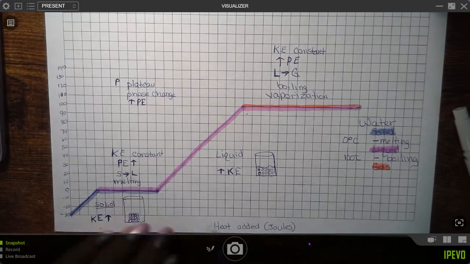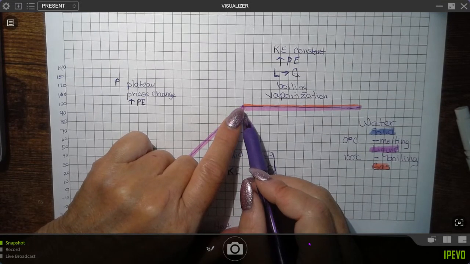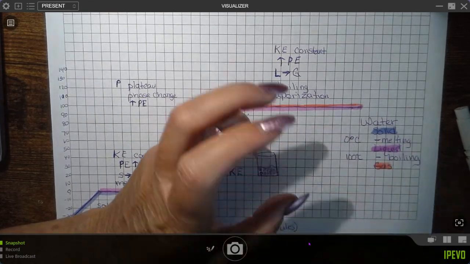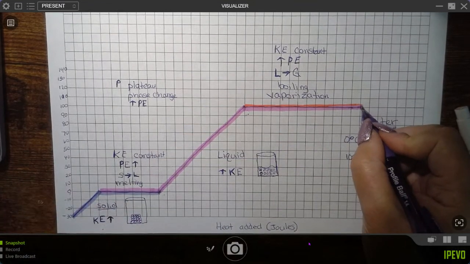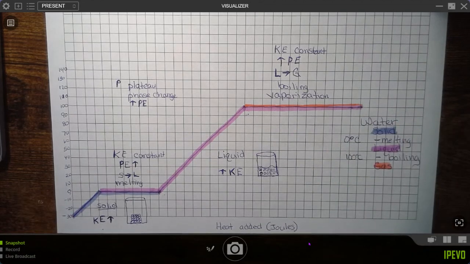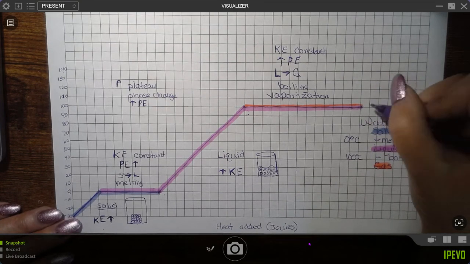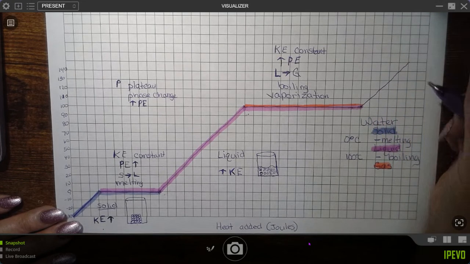Now, as we're going along this plateau, we start with all liquid, and as we move across, the liquid molecules break free from each other and they go into the gas phase. Once all of our molecules have escaped the liquid phase and they're in the gas phase, if we have our container closed so that the gas molecules can't escape, then if we continue to record, the temperature is going to start going up again.